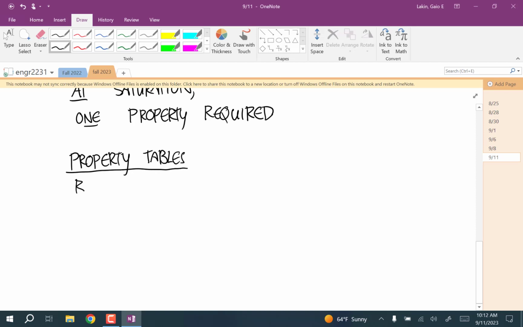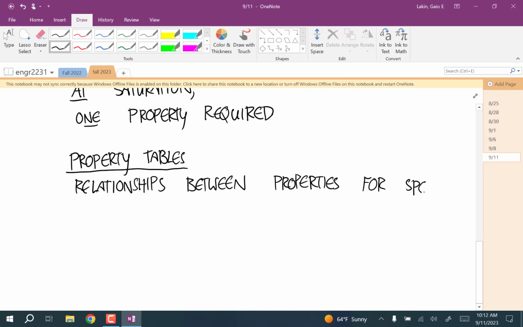These give us relationships between properties for specific materials. And there are three types of tables that we're going to use.